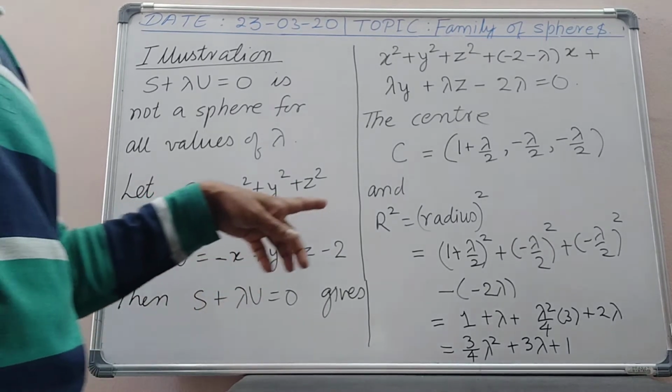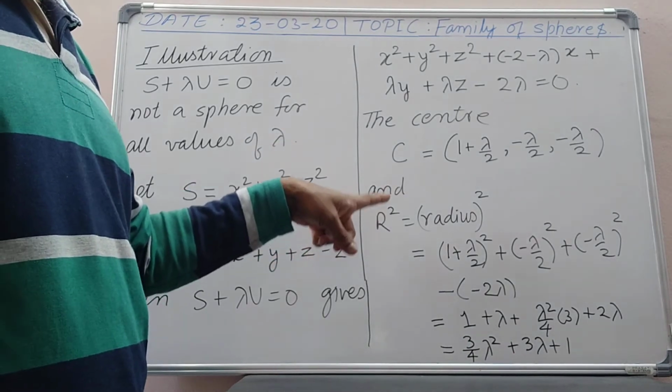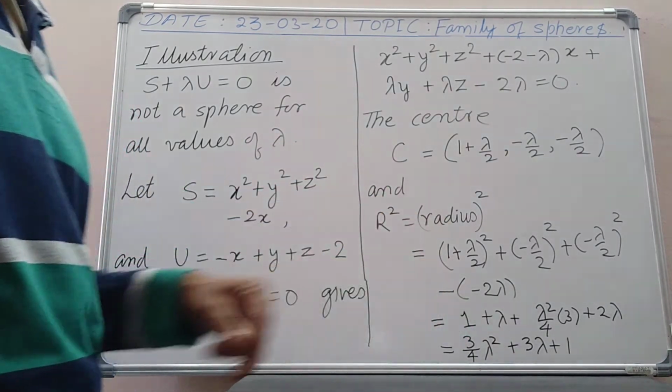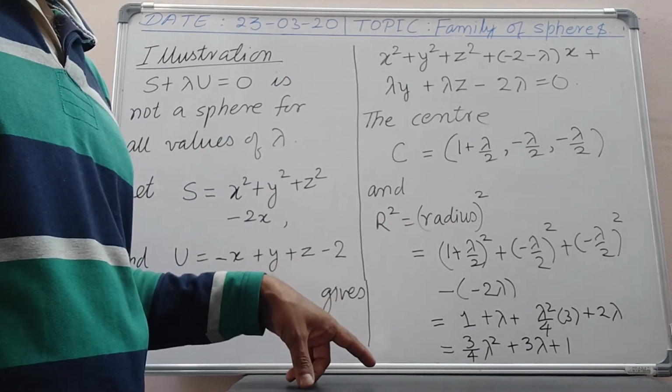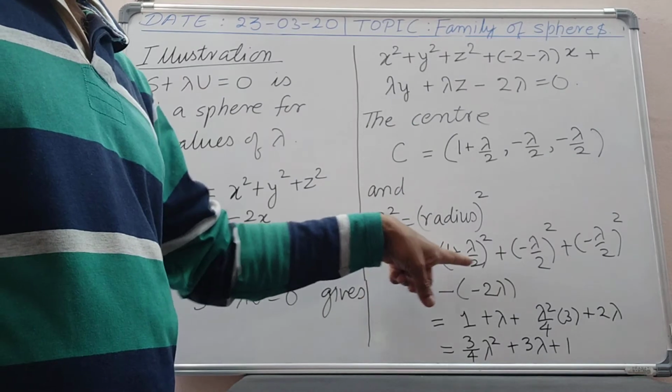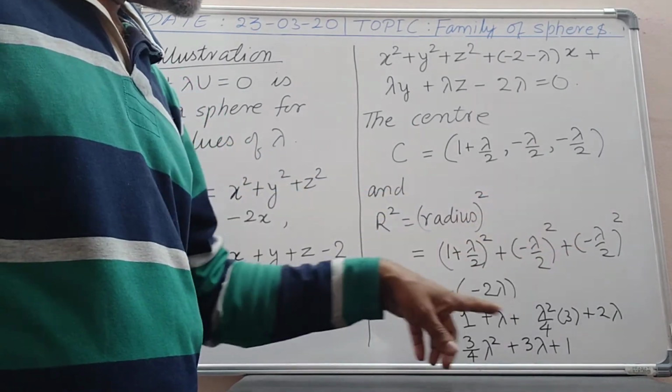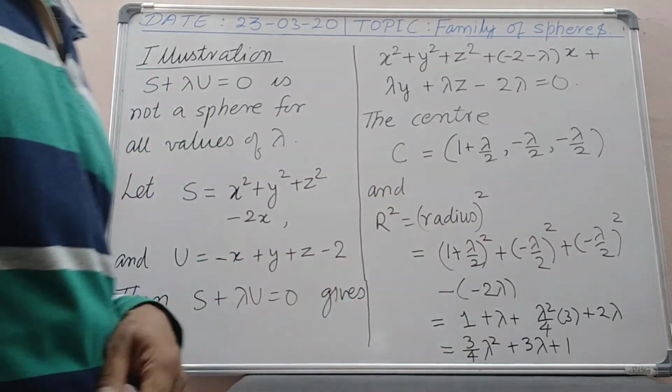Okay, and the likely radius squared is going to be this quantity. So r squared, r is the radius of the sphere, is u squared plus v squared plus w squared minus d.